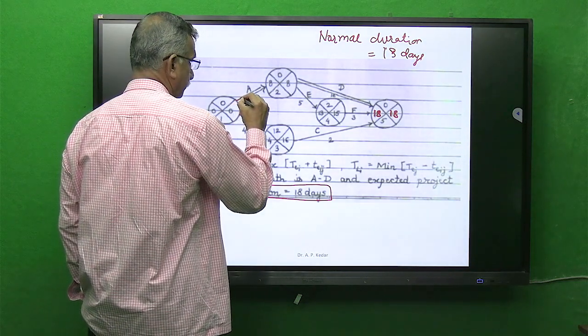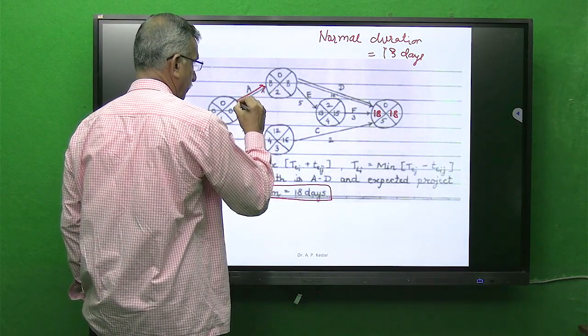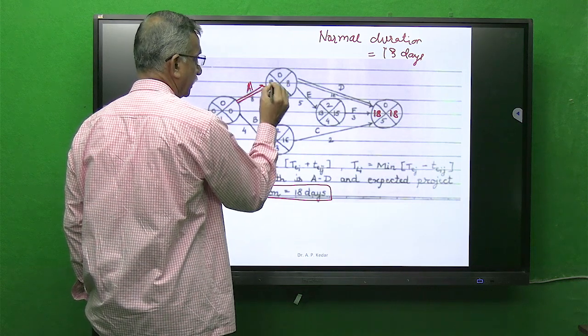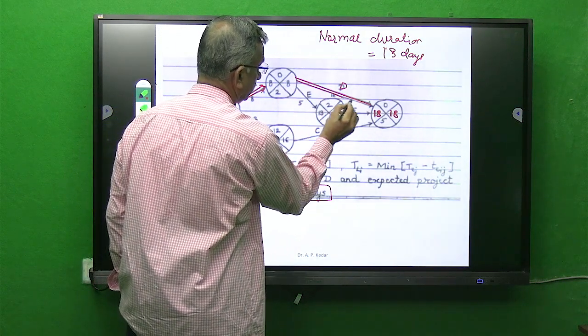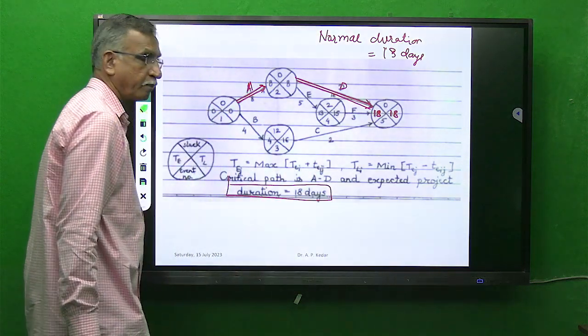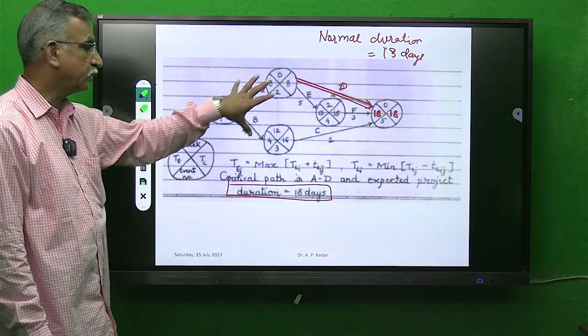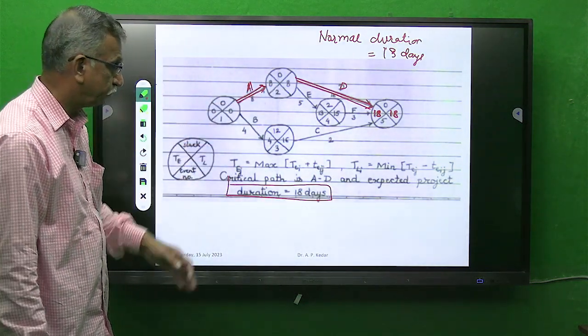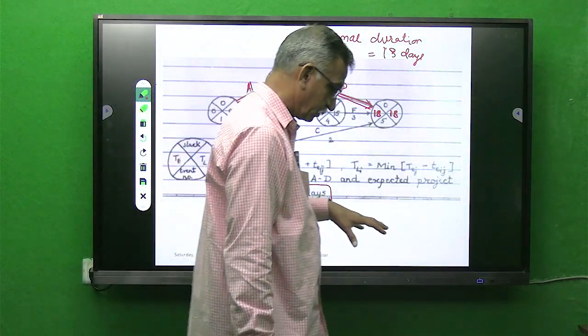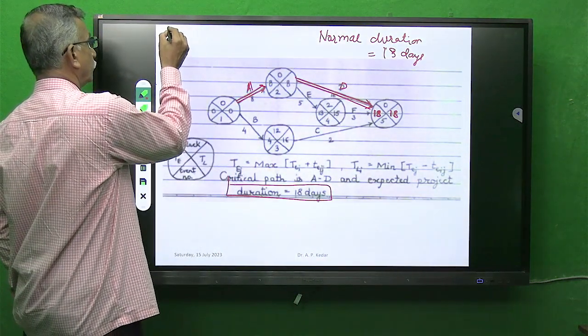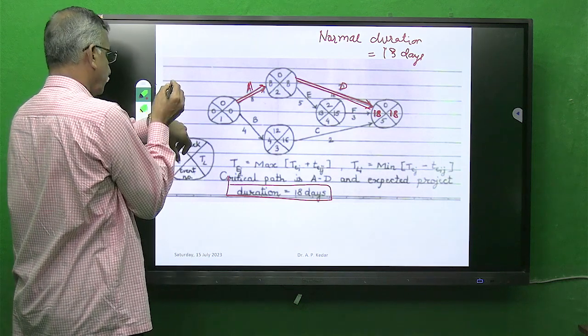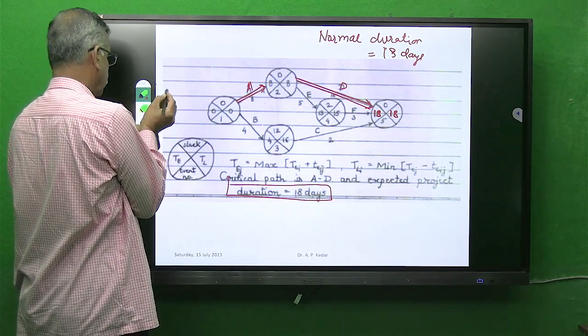Here, this activity A and this activity D represent critical activities. Now, some hints I am giving you. You have to focus on the aspect of indirect cost.